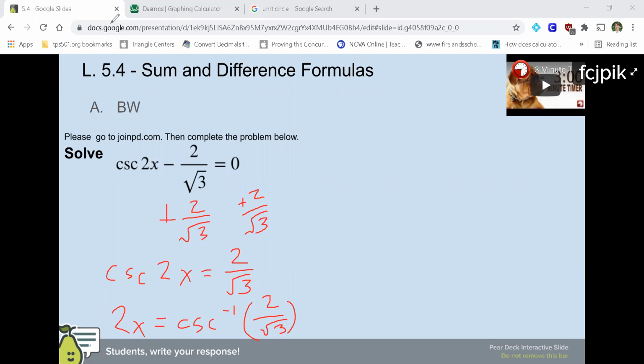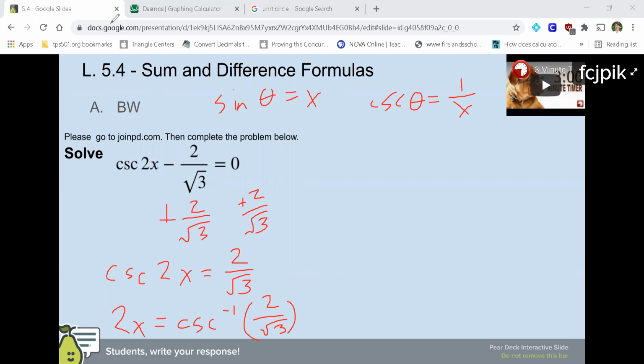Sine tells us the y value of the unit circle, right? So cosecant tells us the reciprocal, 1 over y.